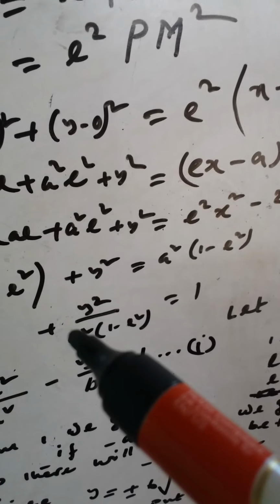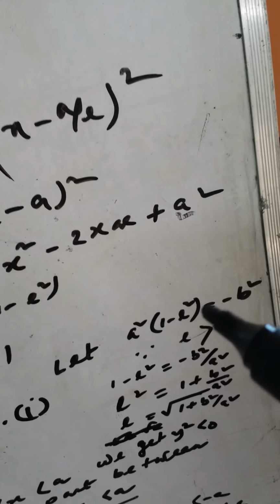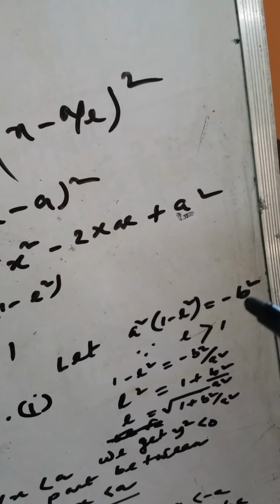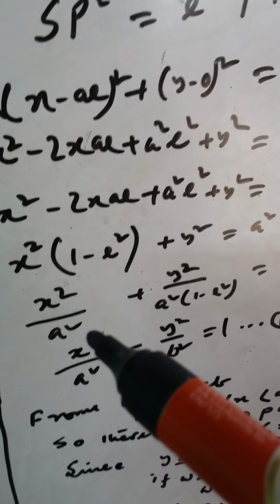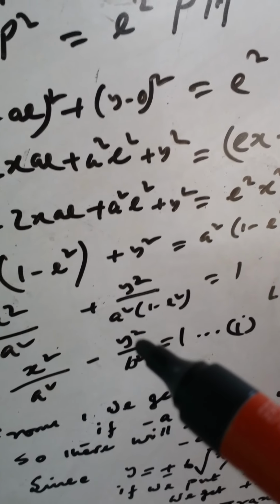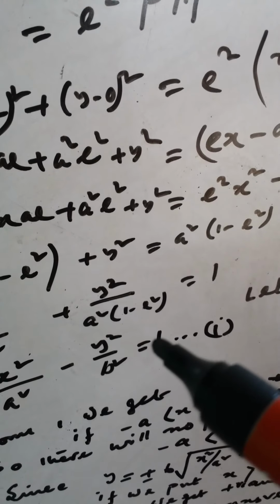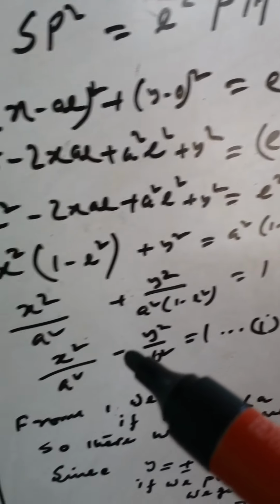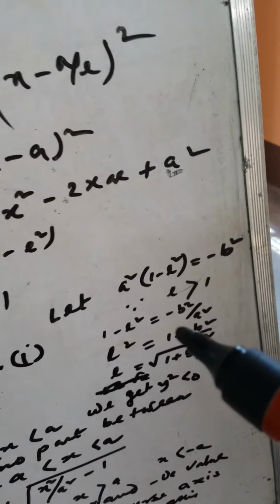Since E is greater than 1, let A square into 1 minus E square equal to minus B square. So x square by A square minus y square by B square equal to 1. It is the standard equation of hyperbola.